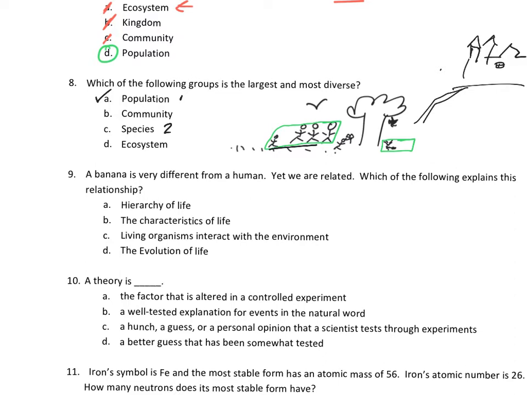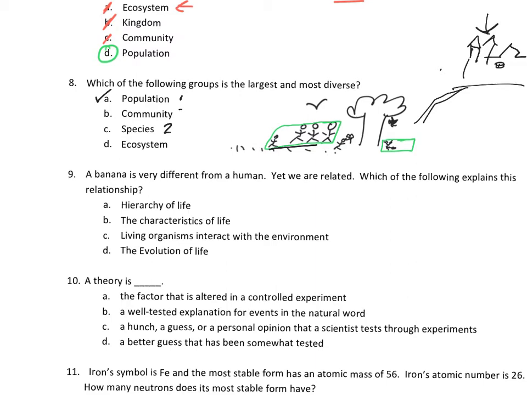The humans in here are part of the species, aren't they? But the population is just one piece of it. So there's a population that lives in Cleveland. Then there's a population of Ohio, right? Our human species is all over the planet. But our population in Cleveland is here, right? So species is bigger.